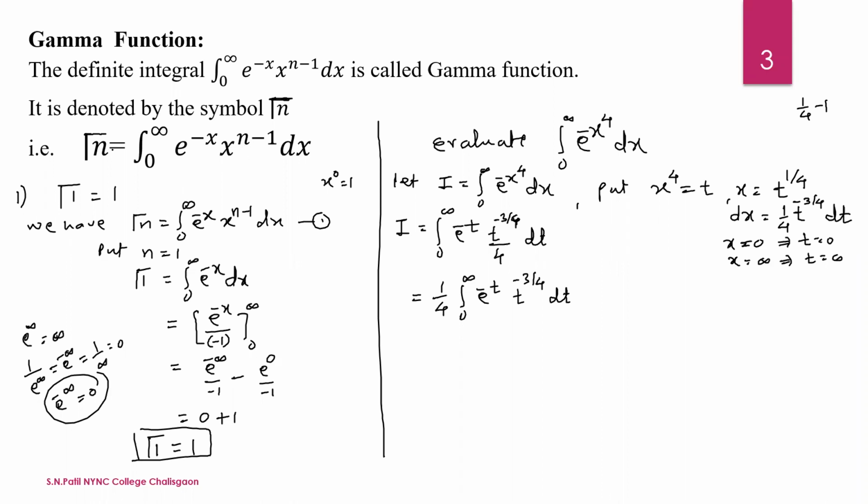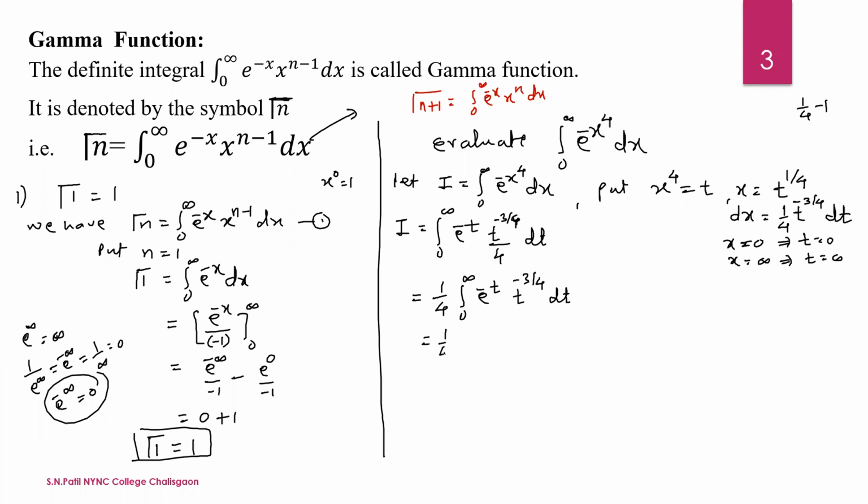For solving this integration, we replace n by n plus 1, so it can be written as gamma of n plus 1, that is the integration from 0 to infinity of e to the power minus x, x to the power n, since minus 1 plus 1 cancel. It means when the power of x is n, we just add 1.